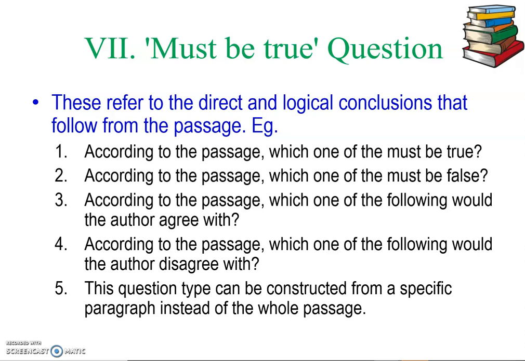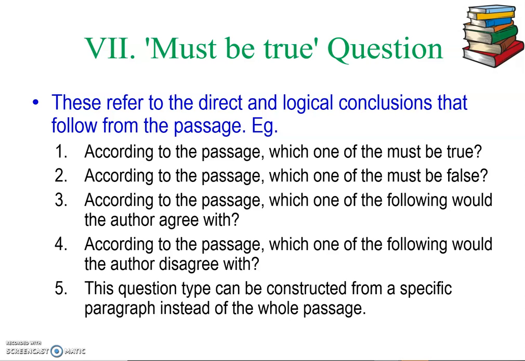Moving ahead to the seventh category of question, that is must be true questions. When we say must be true questions, these refer to the direct and logical conclusions that follow from the passage. Means what? Obviously, here the author has given some facts and he wants the readers, the candidates, to validate that.